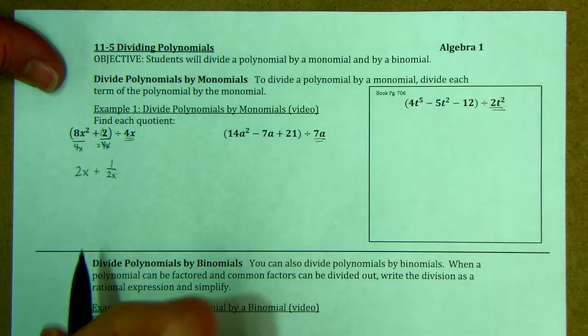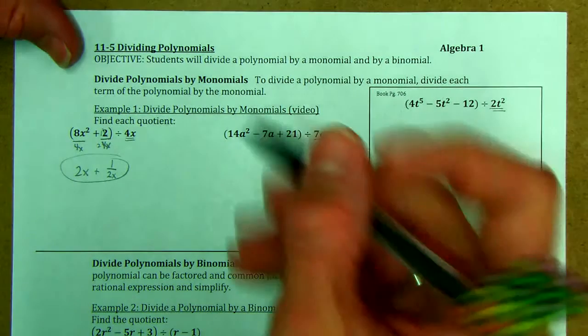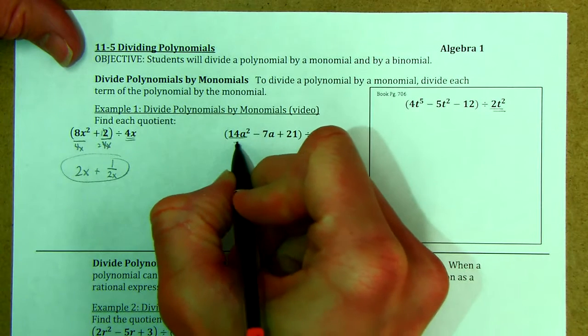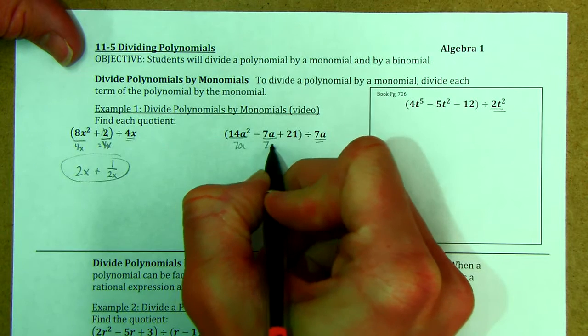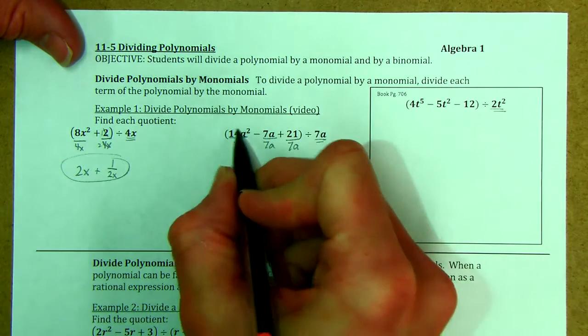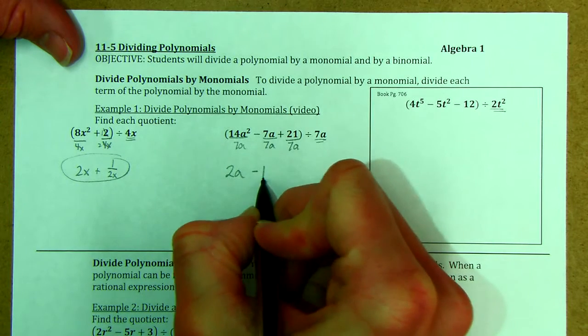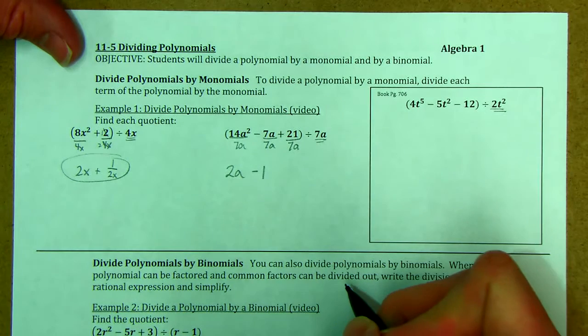So take a look at this second one: 14a squared divided by 7a, 7a divided by 7a, 21 divided by 7a. The first two are very cut and dry, so that is 2a. This one is minus 1, and interestingly, the 7 reduces the 21 to 3, so we get 3 over a.